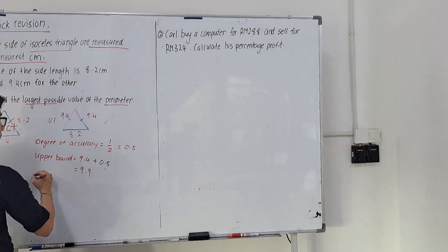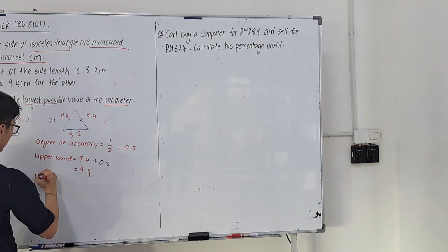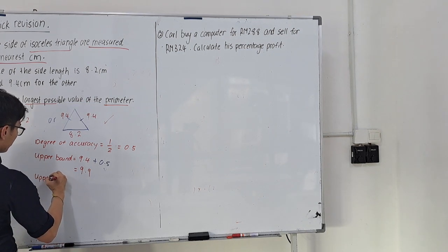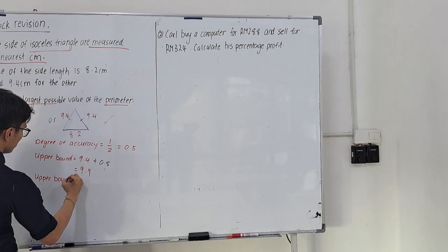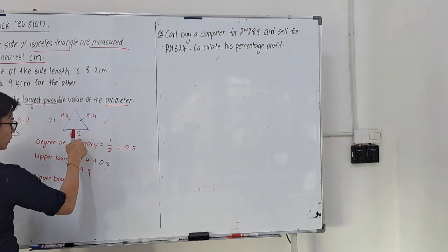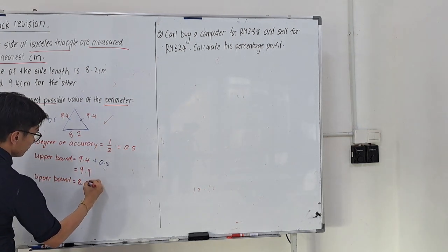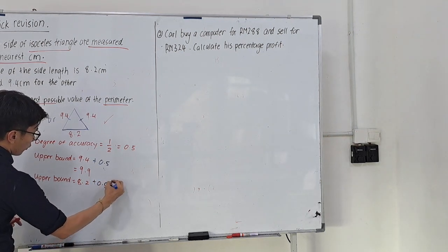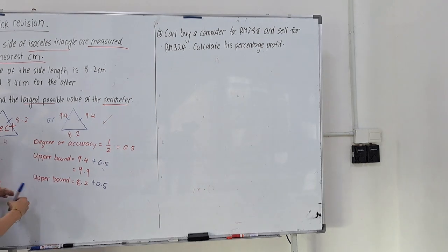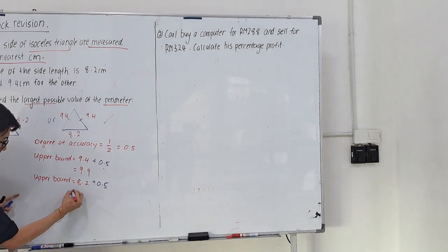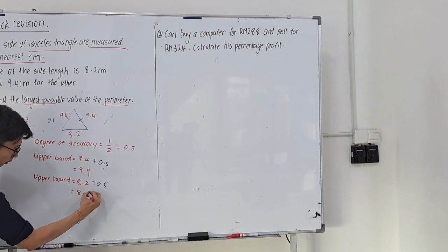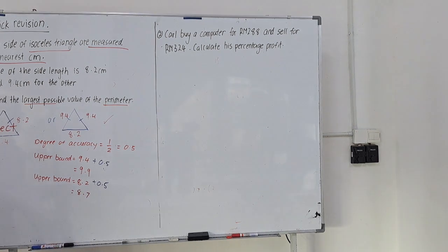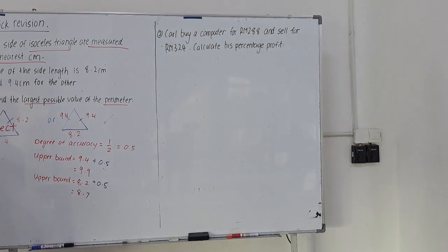Then I can find the upper bound for the next length, which is 8.2 plus 0.5, and that will give me 8.7.